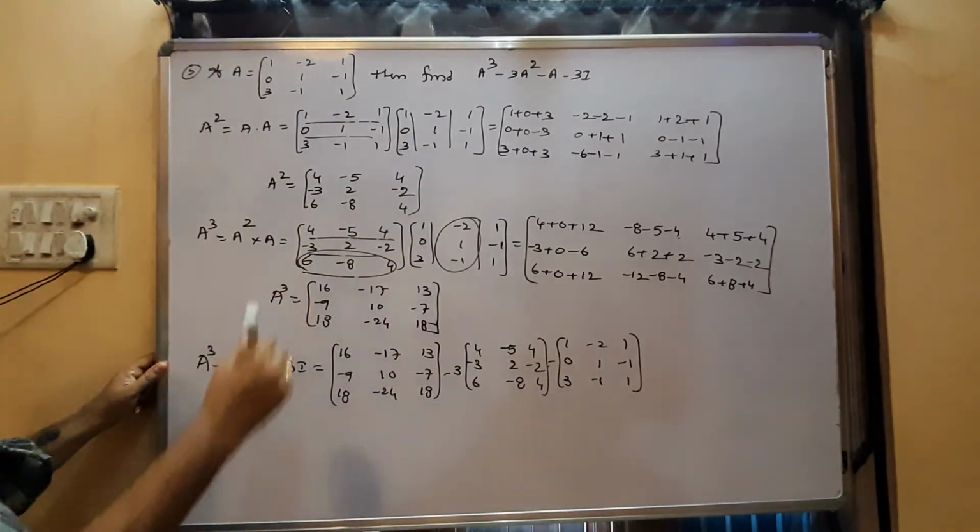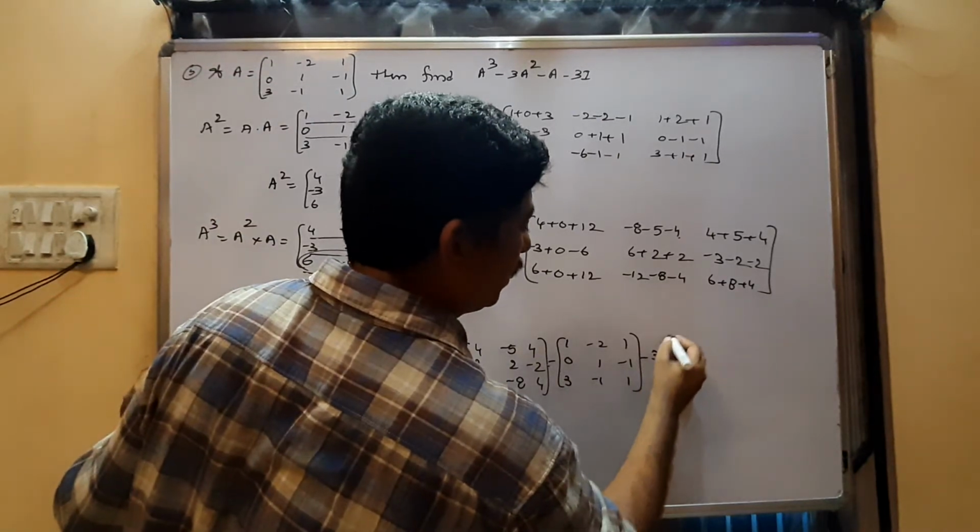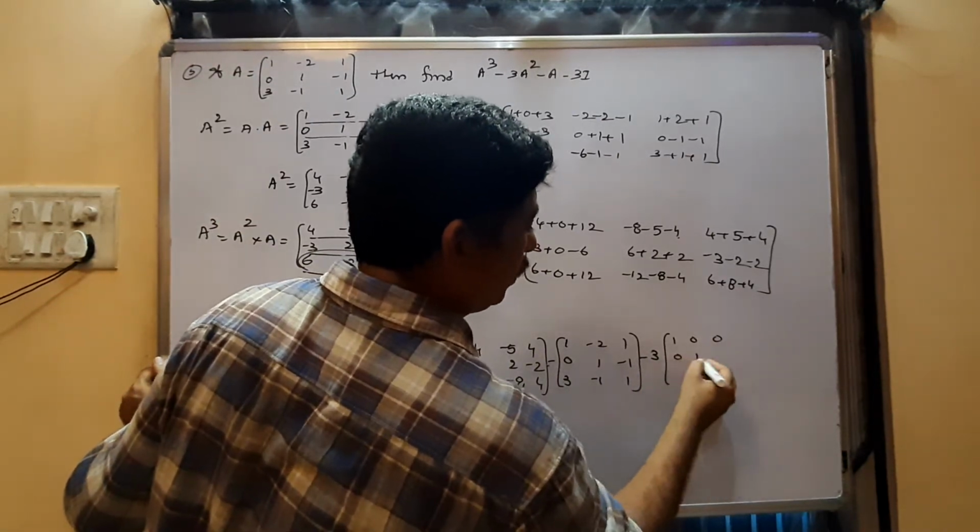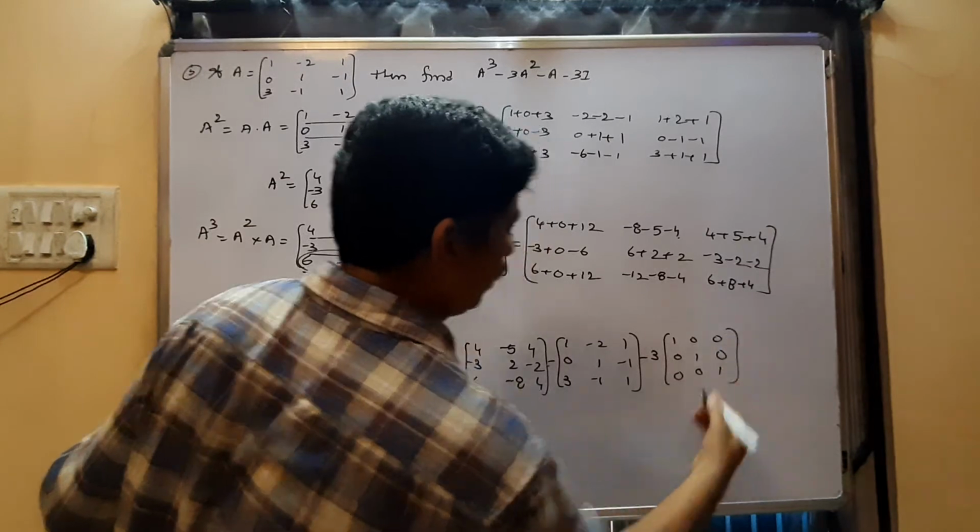Minus 3I, where I is the identity matrix 1 0 0, 0 1 0, 0 0 1.